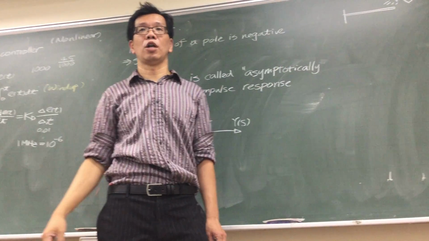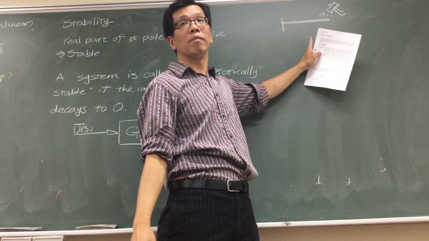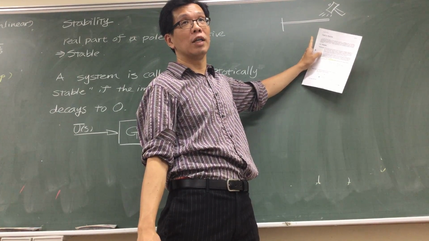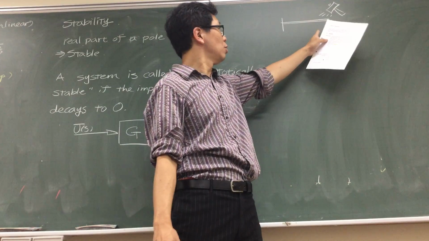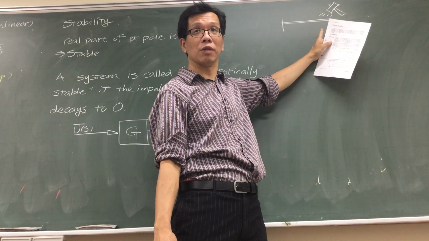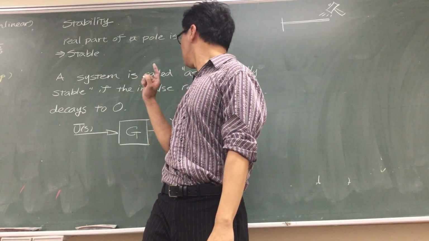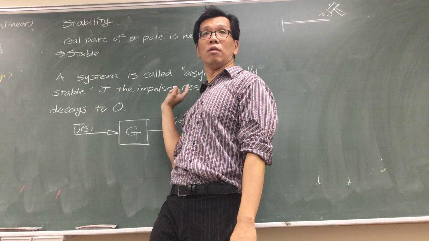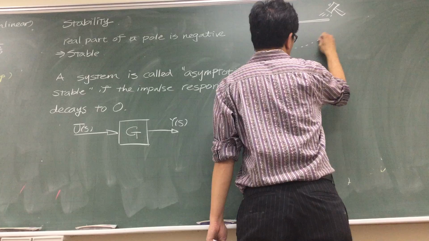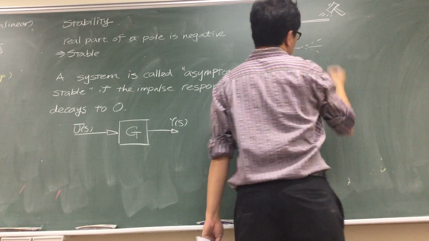You use a hammer to hit this cantilever. What happened? It's an impulse because I only apply a certain amount of force to the system at time equals to 0. Then I don't apply any force to that. That is called impulse input. So when you are having something like this, what are you going to expect? It's going to vibrate.